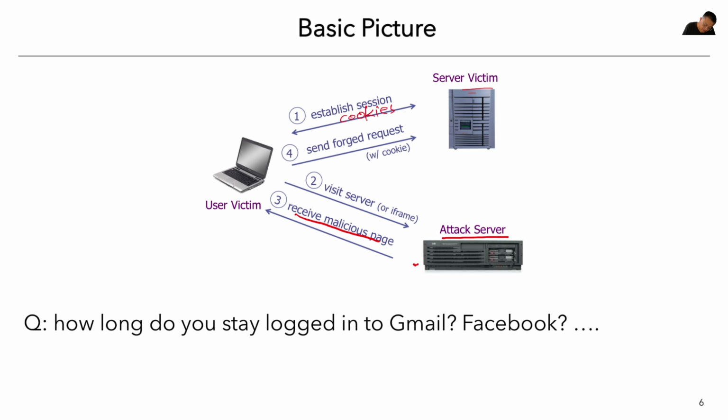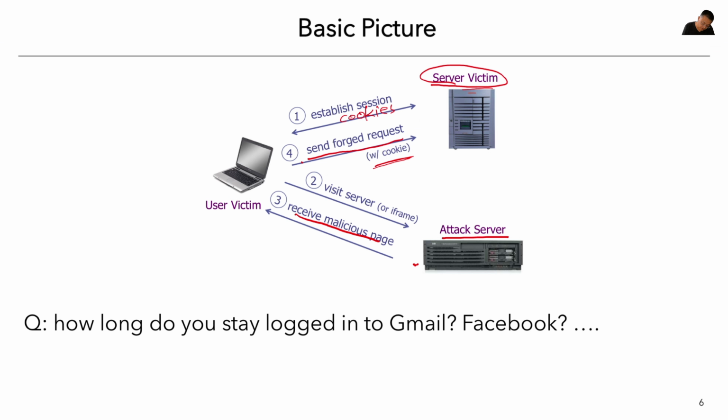Now the malicious page will send a forged request to the vulnerable server. The browser, being very helpful, will attach the cookies to this request. Now the server will actually fulfill the request if it's vulnerable, right?